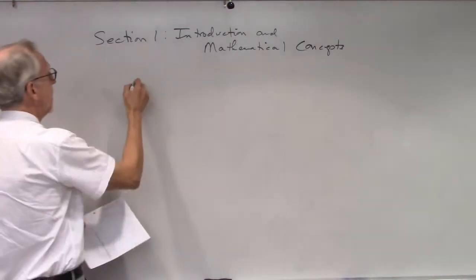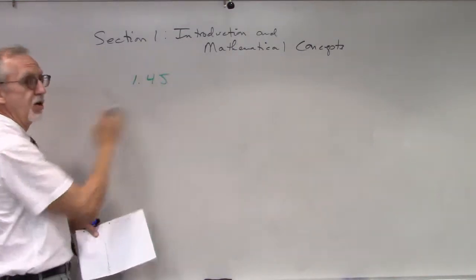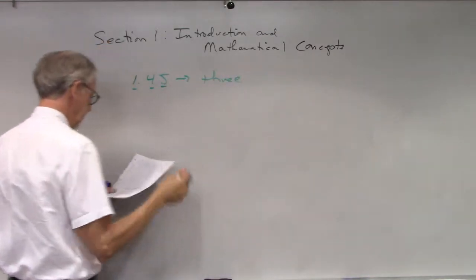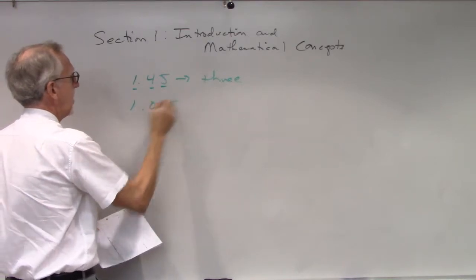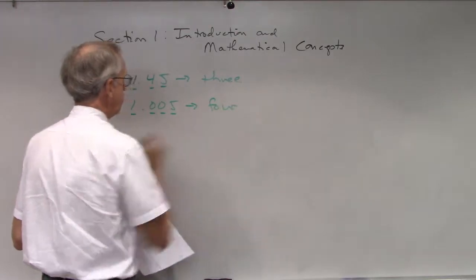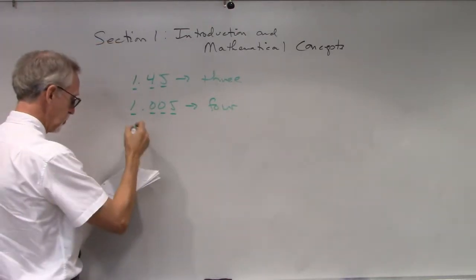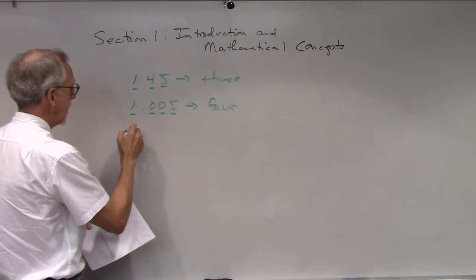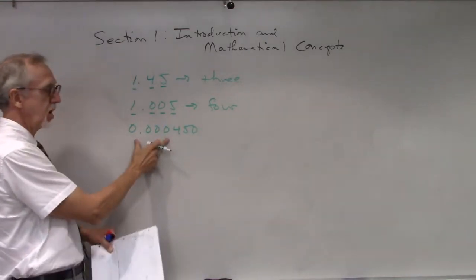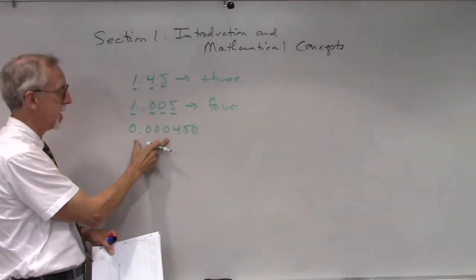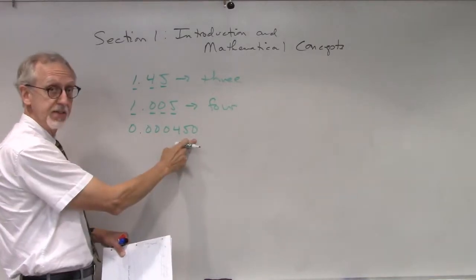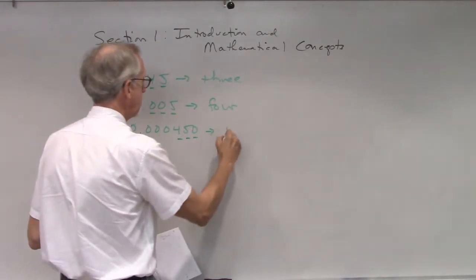So, for example, 1.45, well, there are no zeros, so that's pretty easy. 1, 2, 3. 1.005, well, those are sandwiched zeros, so 1, 2, 3, 4. 0.000450. Those zeros are to the left of the non-zero digits and are not significant. This 0 is to the right. There is a decimal point, so it is significant. 1, 2, 3.